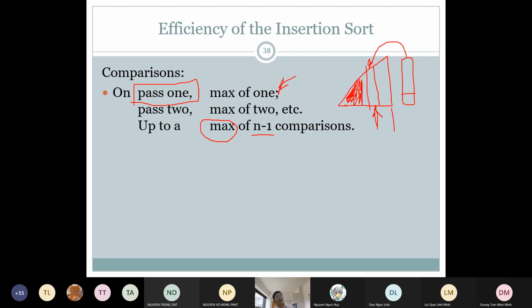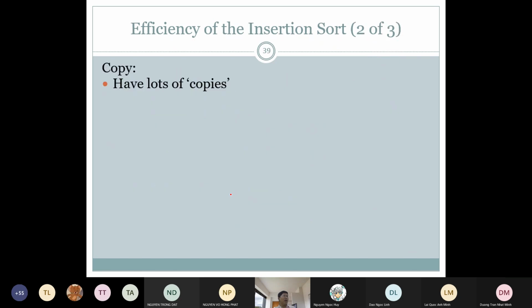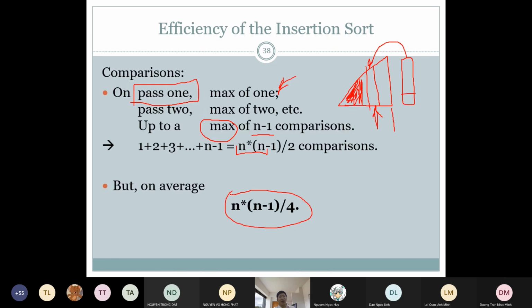That is the worst case. In general it is n squared. But on average, people say half of the time we have to go through all of them, and half of the time we don't need to do that much.